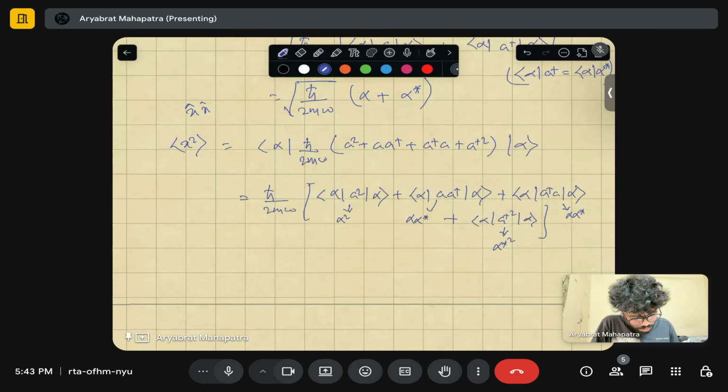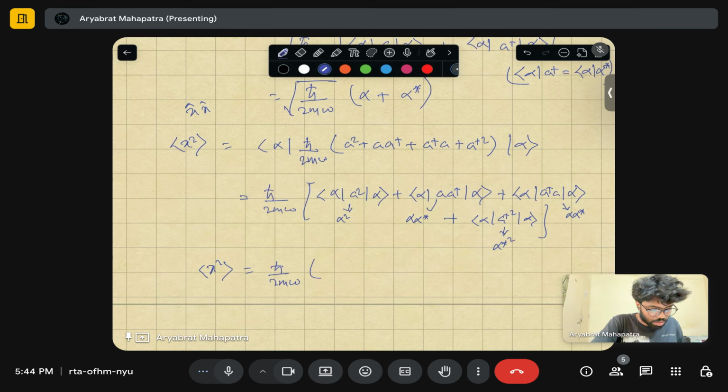So you have x square average as h bar by 2m omega, alpha square plus 2 alpha alpha star plus alpha star square.